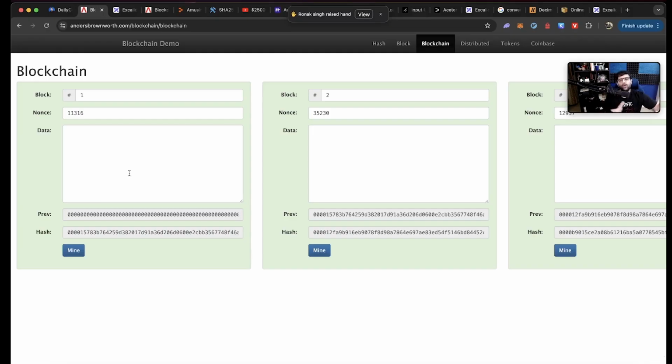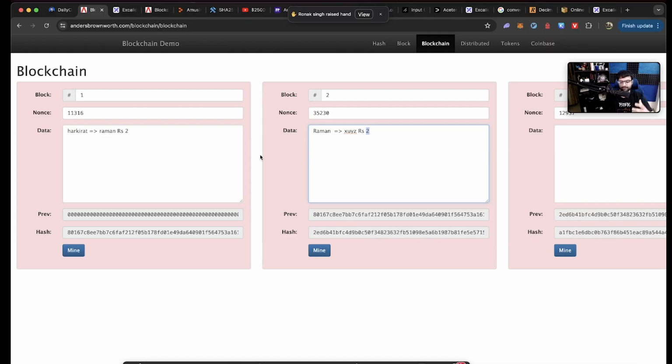A bunch of blocks that have, I want to transfer from Harkirat to Raman rupees 2, I want to transfer from Raman to XYZ rupees 3, so on and so forth. A bunch of these blocks put one after the other is what's called the blockchain.